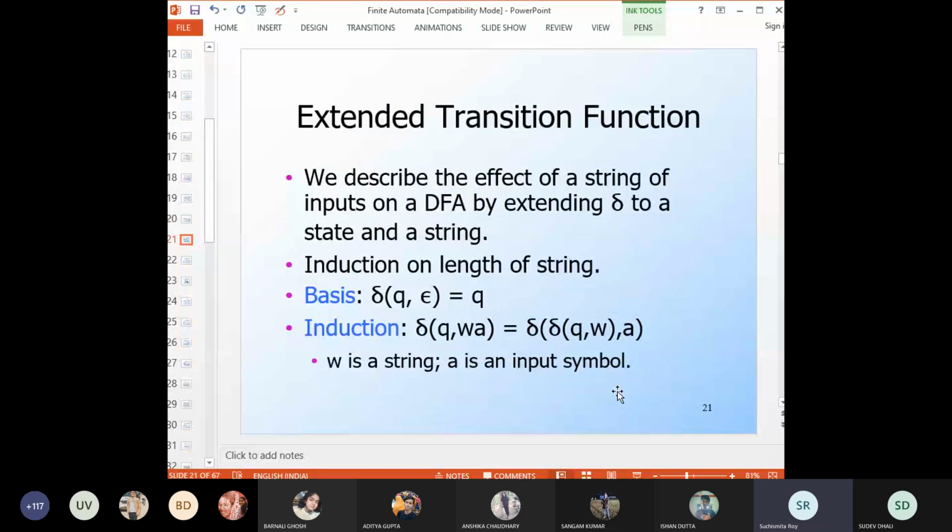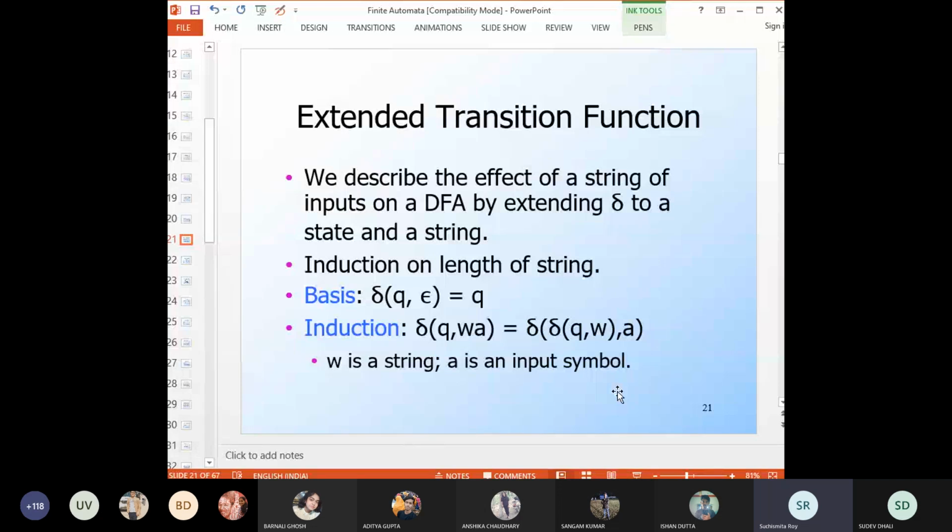Now let's come to another concept, that is the extended transition function. Till now, whatever we have discussed, the transition function represents a single transition. But it is possible to extend this transition function to represent not just a single transition, but a series of transitions, one after the other, or a chain of transitions.